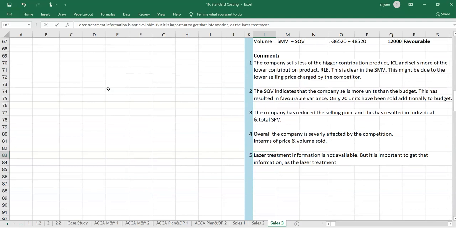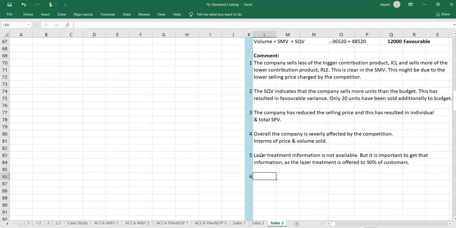As the laser treatment is offered to 90% of customers, that is the information we actually have to get, because that's the crux of the problem.